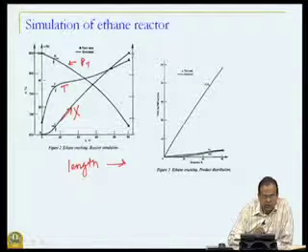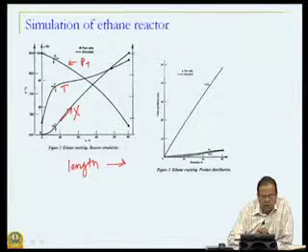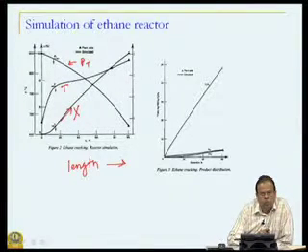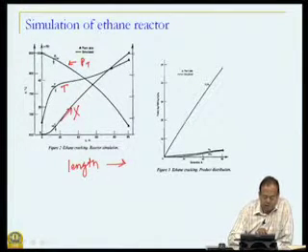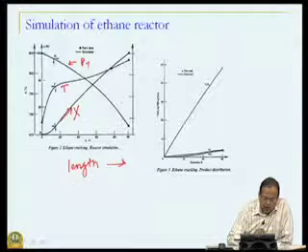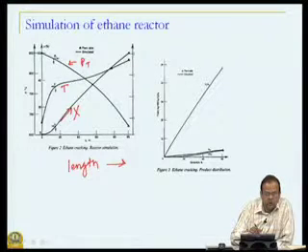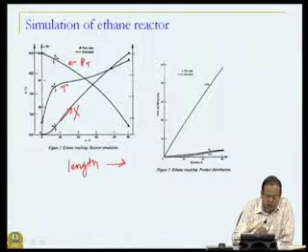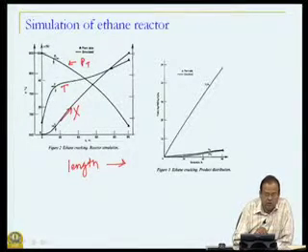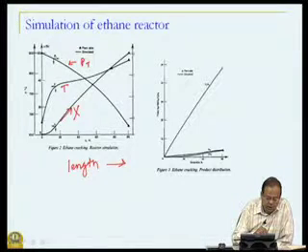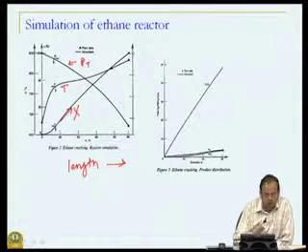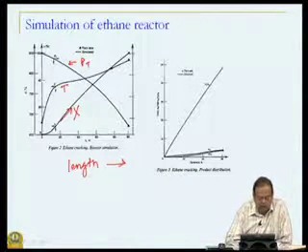Conversion of course increases along the length of the reactor. Remember, we are talking about a tubular reactor here. So, conversion increases as we travel along the length, and it is influenced by, for example, pressure, which is decreasing, and temperature, where we had purposely modeled our furnaces, the heat transfer fluxes, such that we get increasing temperature along the length of the reactor.